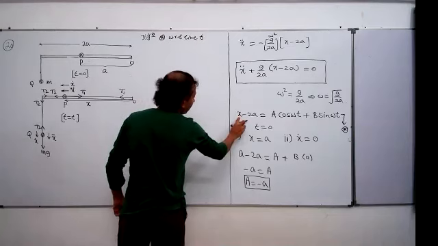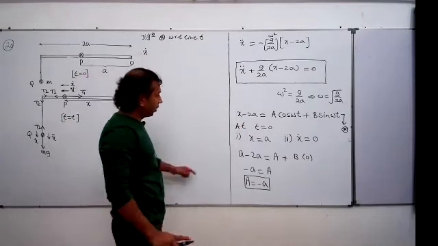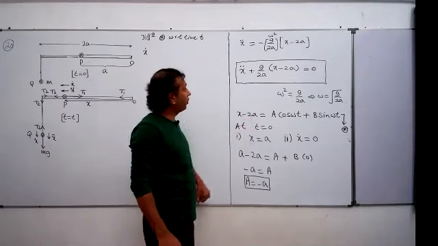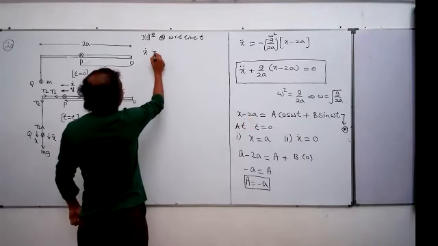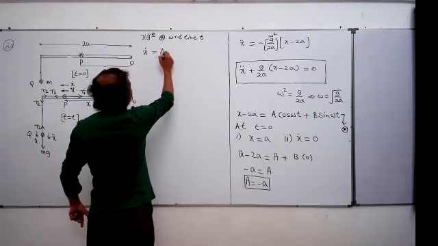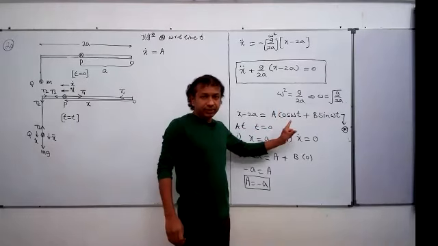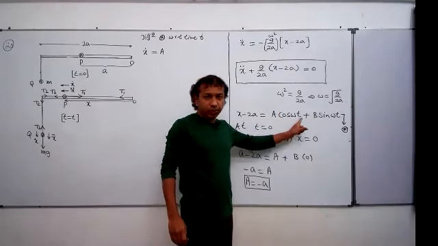What is the first one? The derivative of x is x dot. 2a is a constant, so 0. a is a constant. What is the derivative of cos omega t? Minus sin omega t into omega.